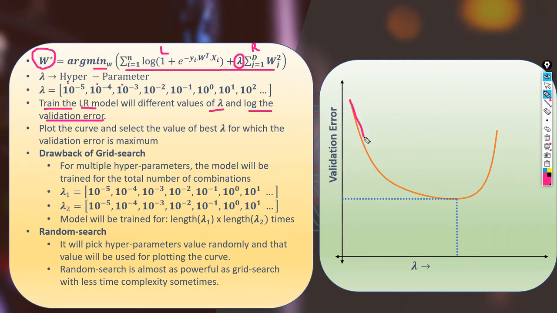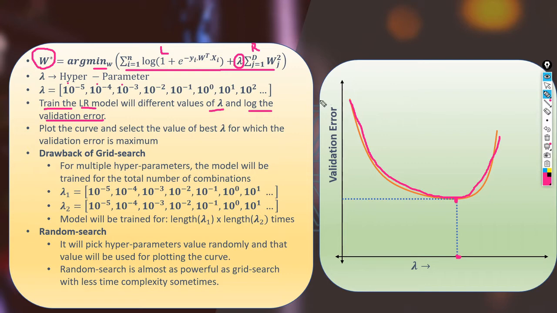It will be something like this, not exactly, but something like this. The best value of lambda should be the one which creates the lowest cross validation loss. That's a similar thing that we have done in KNN as well. So this is how we can get the optimal value of lambda.